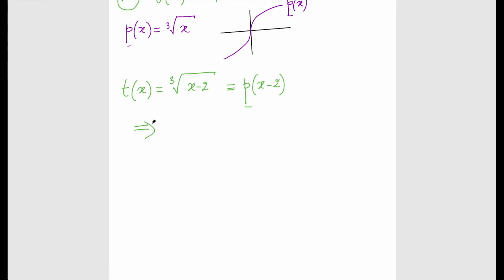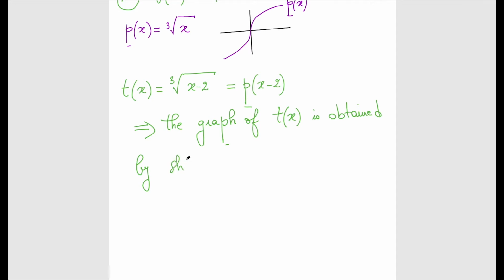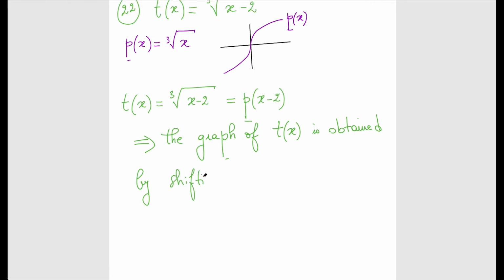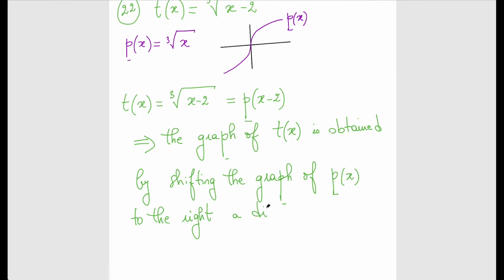So this entails that the graph of T of x, which is P of x minus 2, is obtained by shifting the graph of P to the right a distance of 2 units.